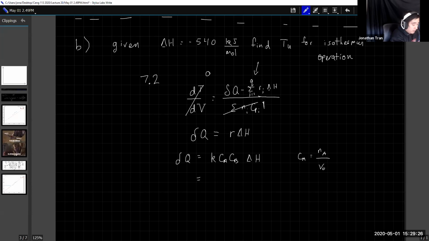So this can simplify down, similar to what we did before, to NA squared delta H.